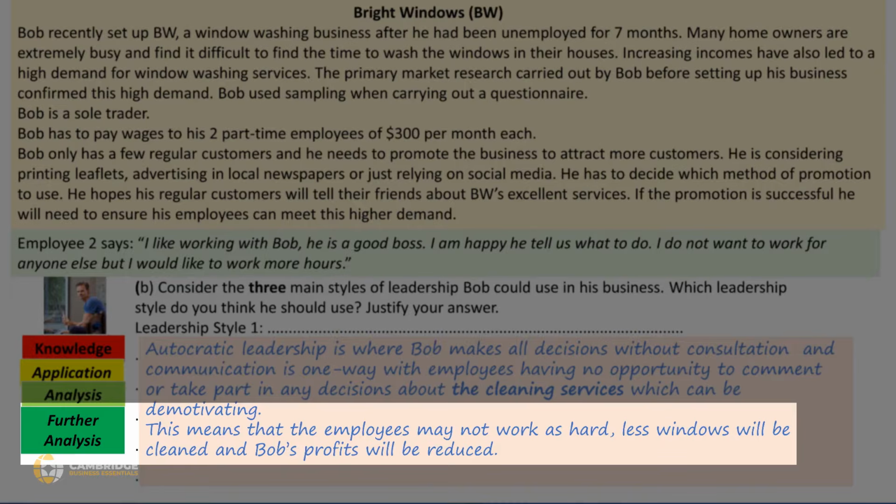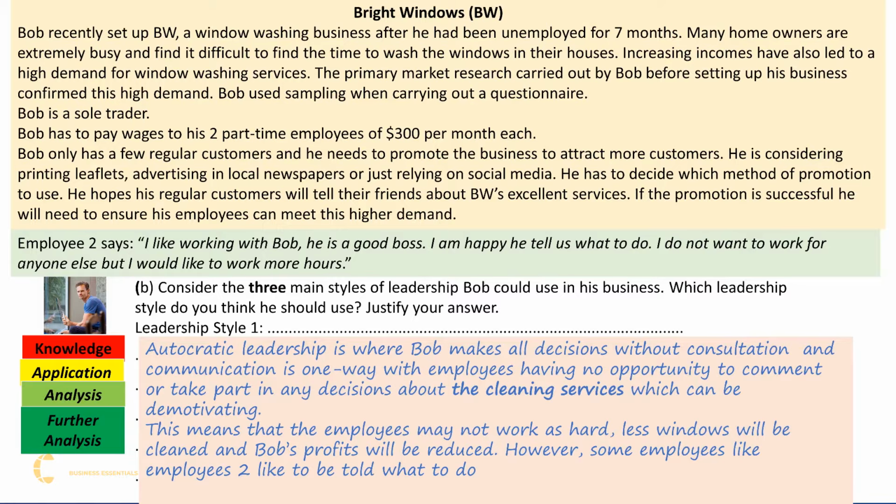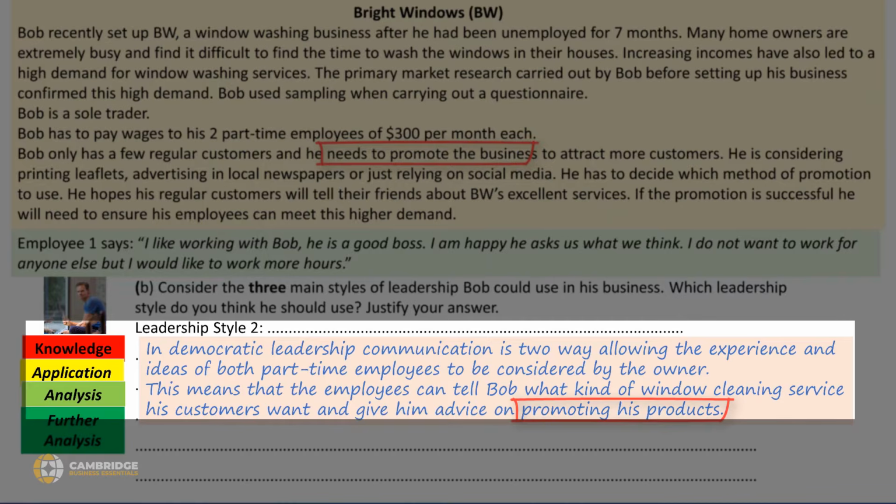To cover all bases, this answer also gives an advantage of autocratic management. A-star answers do require balance, so giving another point of view. Next, democratic. We show knowledge and understanding of the leadership style in Bright Windows and its impact. Then follow up by taking the analysis one step further.